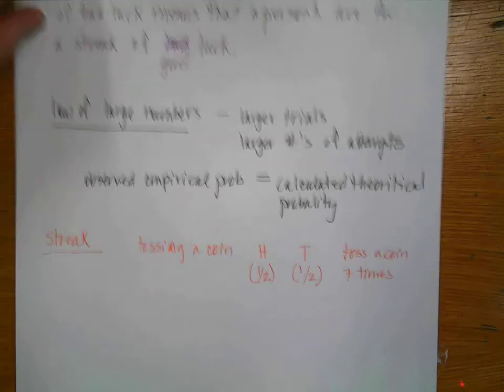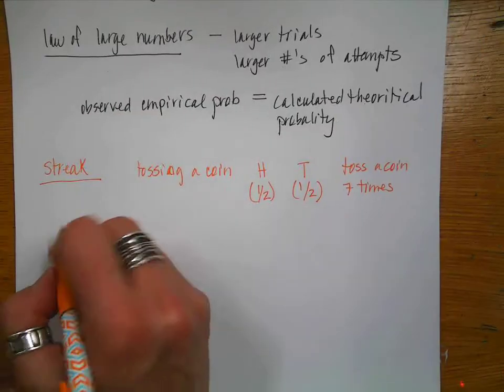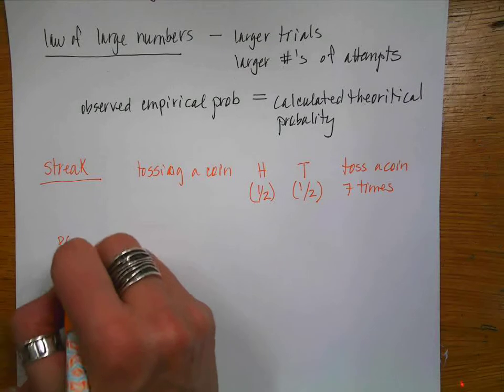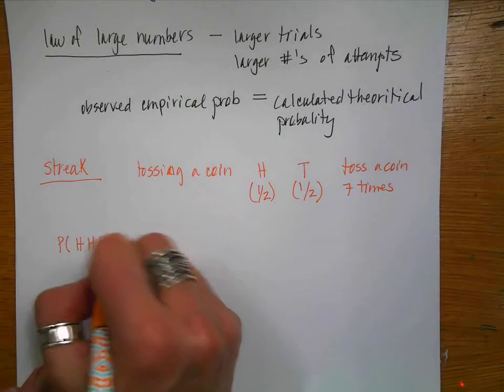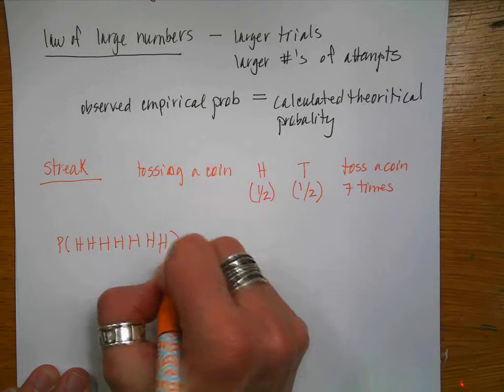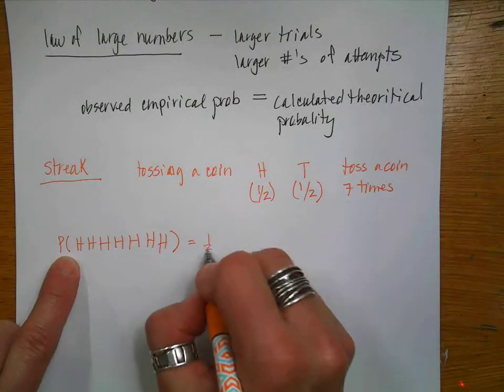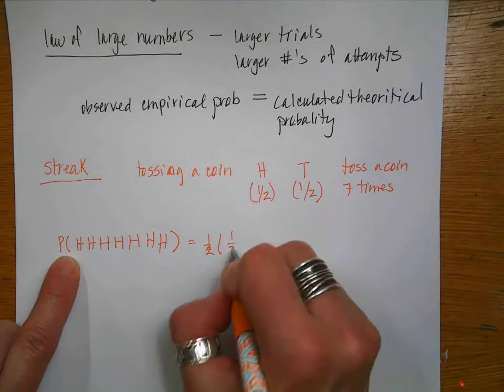And so I'm going to toss a coin 7 times. I want to know what's the probability that I'm going to get 7 heads.